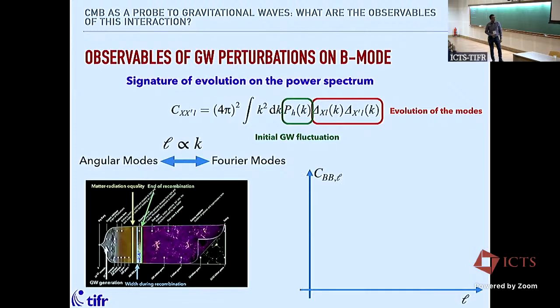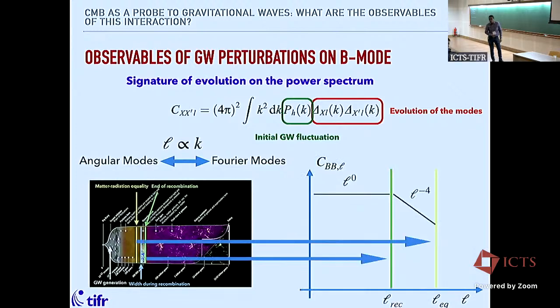So in very simple words, this scales as 1 over l to the power 4. Do you agree with me? Transfer function times initial condition gives me a power spectrum which should have a shape something like this with some oscillations. But remember one important thing, nothing is instantaneous.